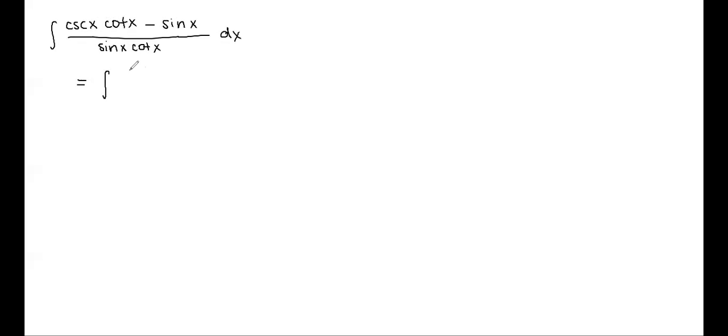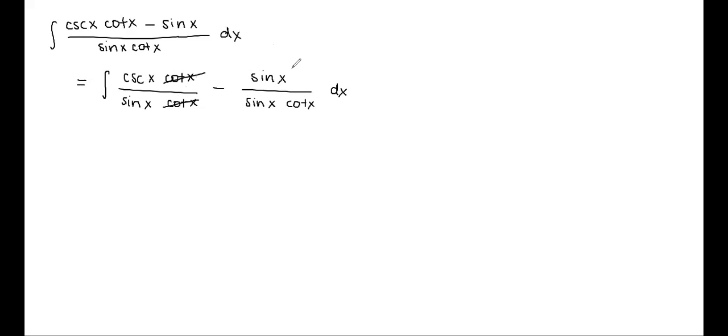We'll have the integral of cosecant of x times cotangent of x divided by sine of x times cotangent of x, minus the integral of sine of x over sine of x times cotangent of x, dx. For the first fraction, the cotangents of x are going to cancel, and for the second, the sine of x at the numerator and denominator are going to divide out.